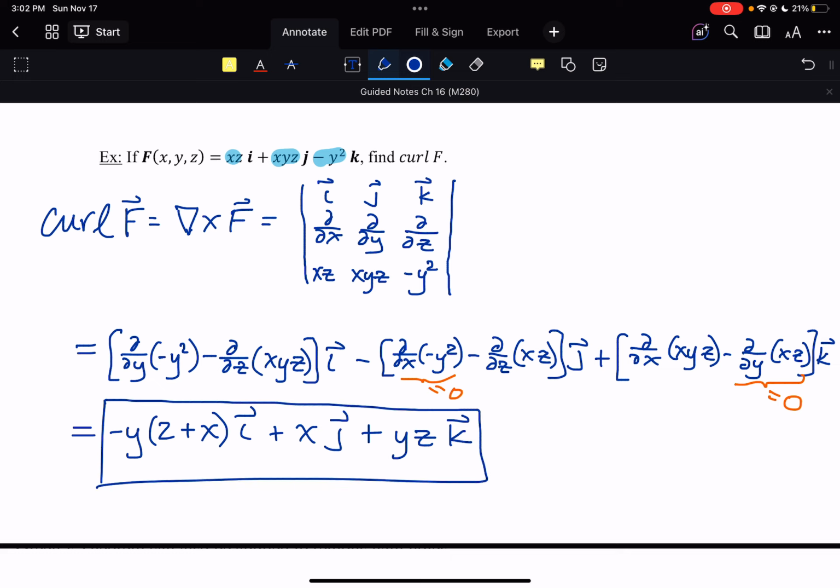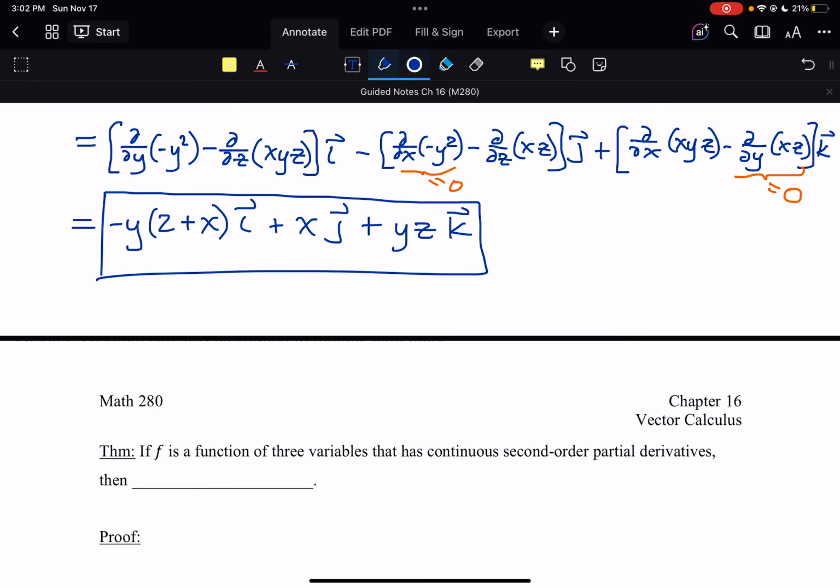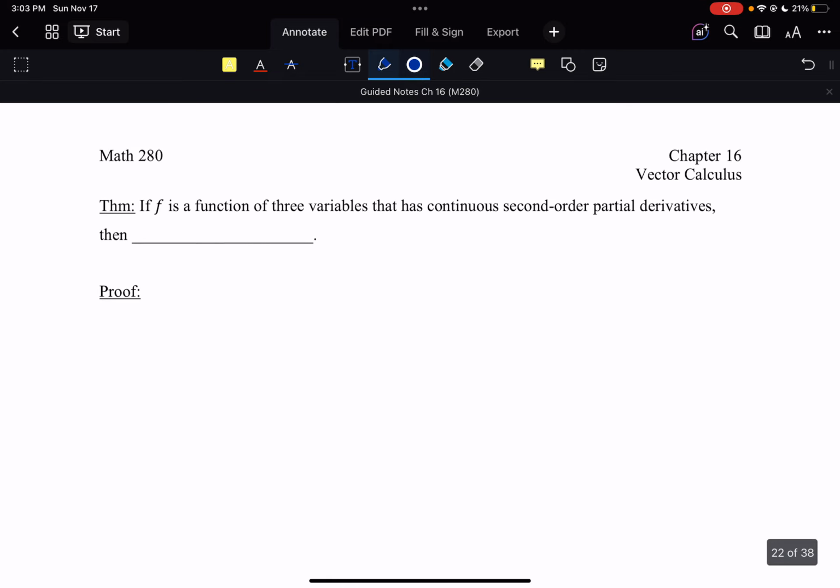So that new vector field that we just created, that would be the curl of the original vector field. One thing that the curl does for us that's going to be pretty helpful is this next theorem, top of the next page.